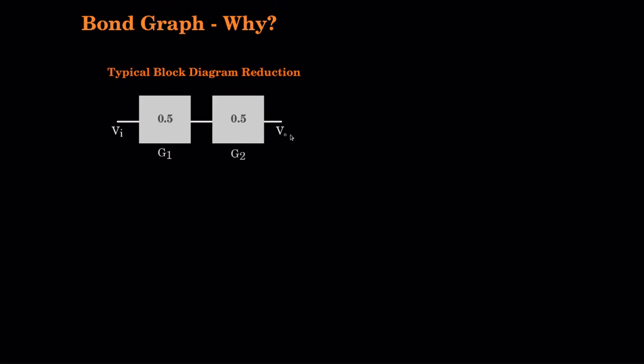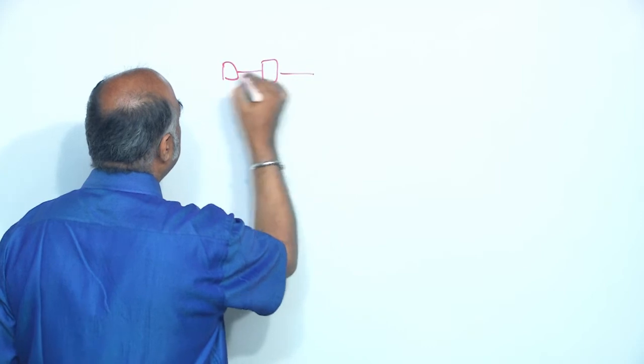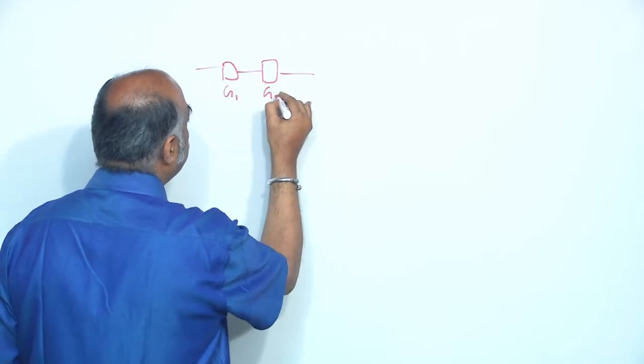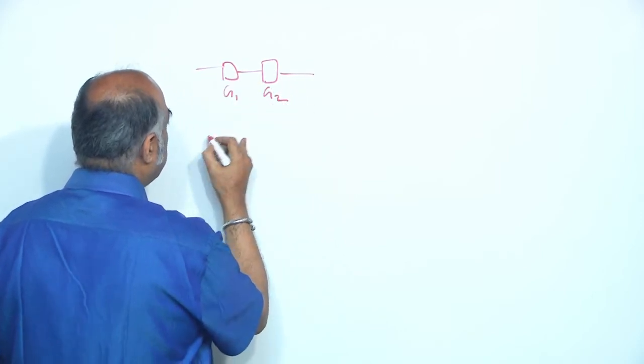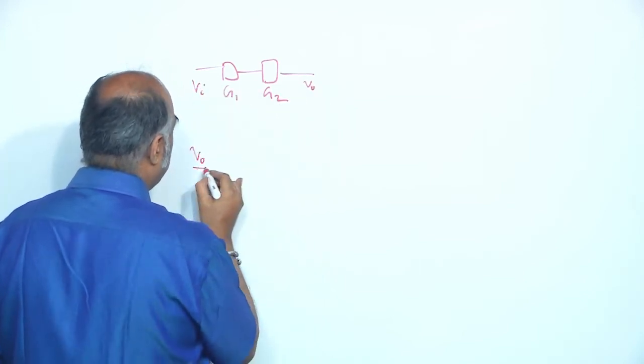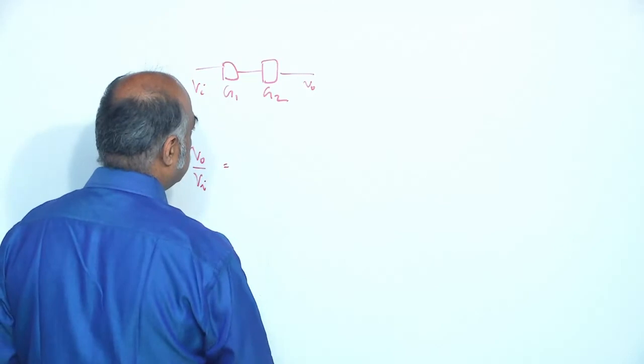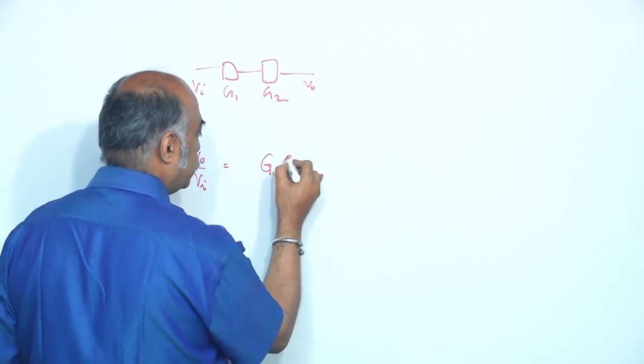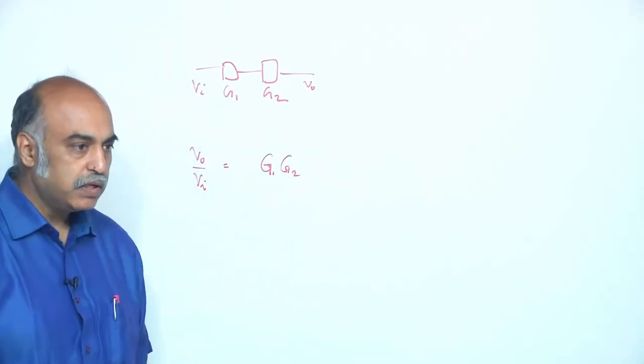What would you do in a traditional method? If I have two blocks connected in series, say G1 and G2, you will say V naught by Vi is G1 G2.